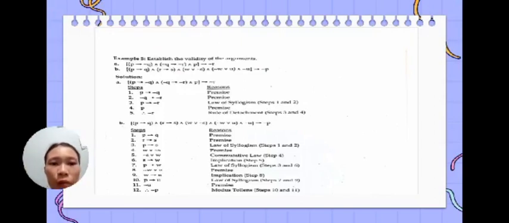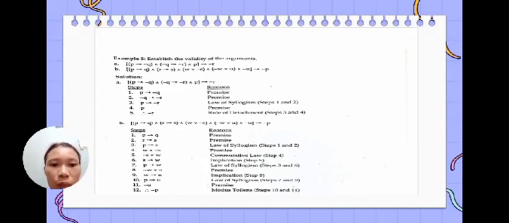Example number 5. Establish the validity of arguments. So here is the solution. Step 1, P then not Q, reason: premise. Second is not Q then not R, reason: premise.